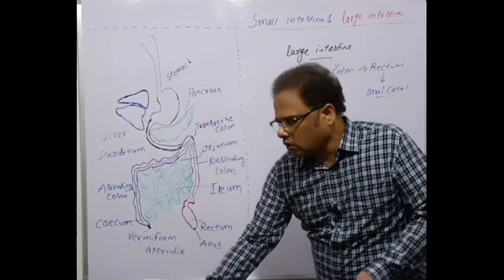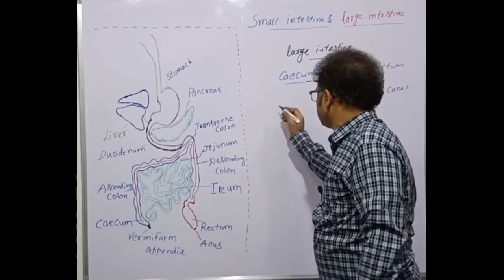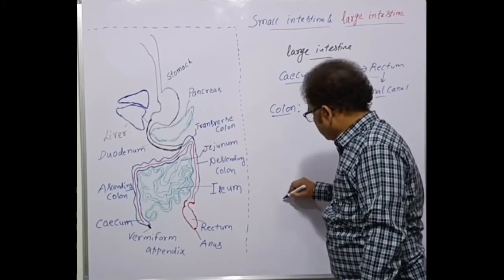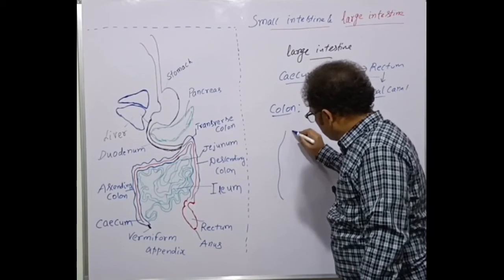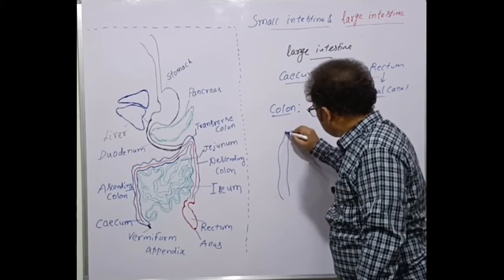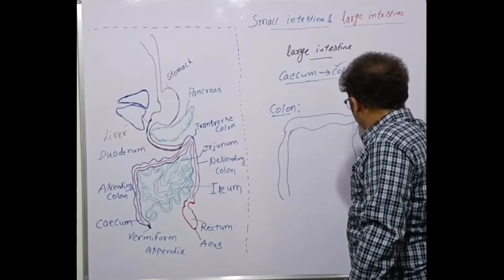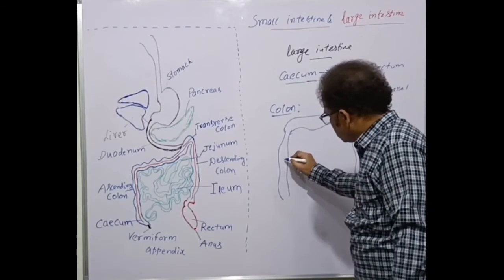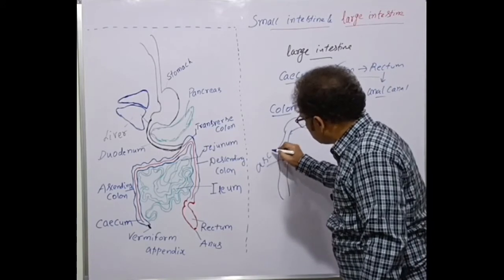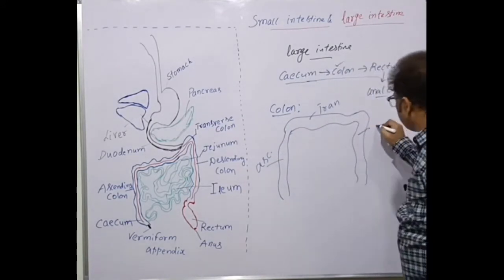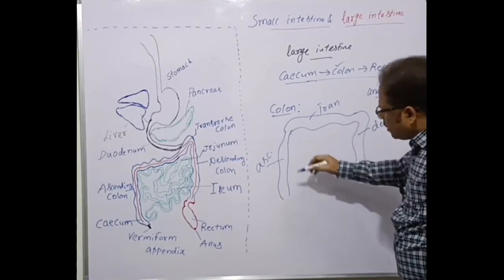The colon consists of four major parts: the ascending colon, transverse colon, and descending colon. So this is the ascending colon, this is the transverse colon, and this is the descending colon.